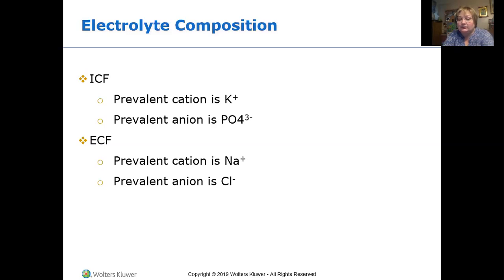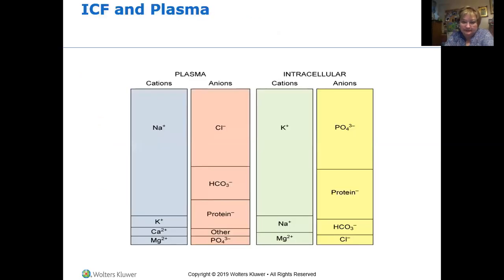Outside of the cell, your prevalent cation is sodium. That is why when you do a sodium level, normally it's 135 to 145. But when you do a potassium, it's very low, but 3.5 to 5 is normal. That's because sodium is your prevalent cation outside of the cell, while potassium is the prevalent cation within the cell.